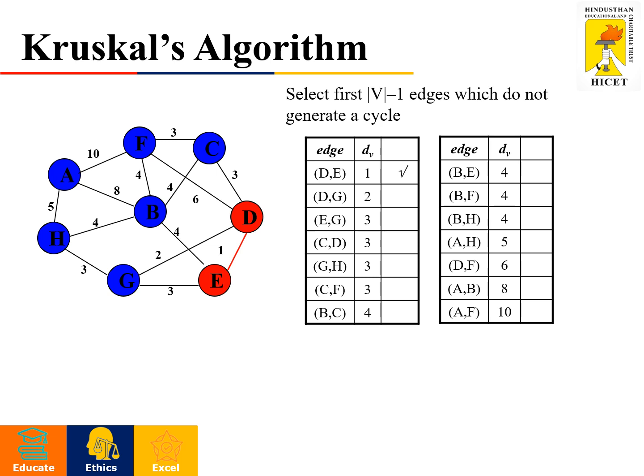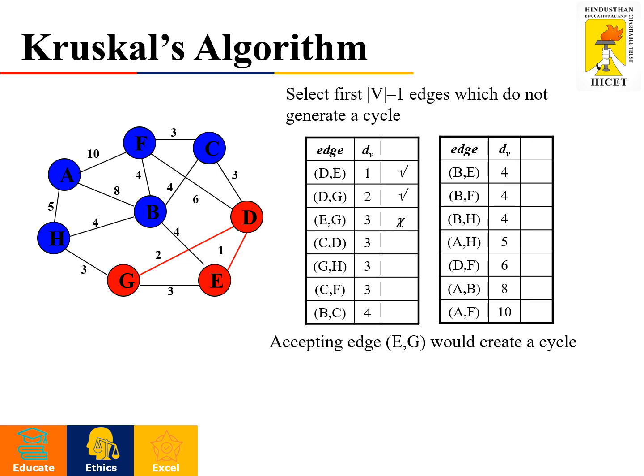We have to select this edge first, D to E. Next one is we have to choose the edge D to G, 2. Next we are going to select the next weighted edge is 3. That is E to G.